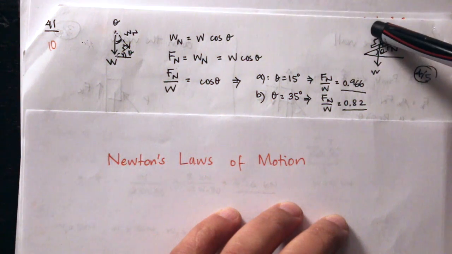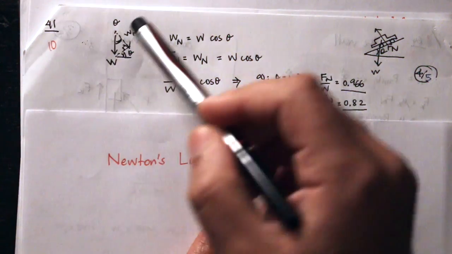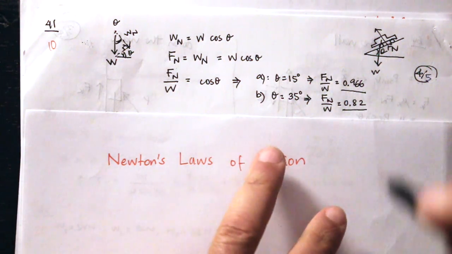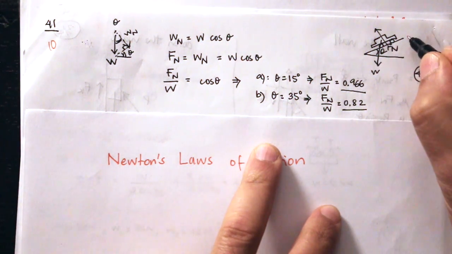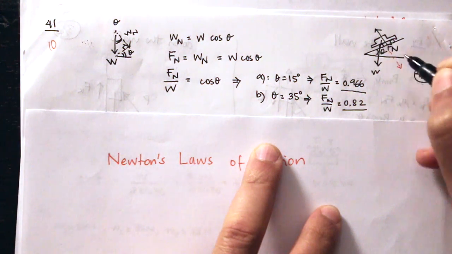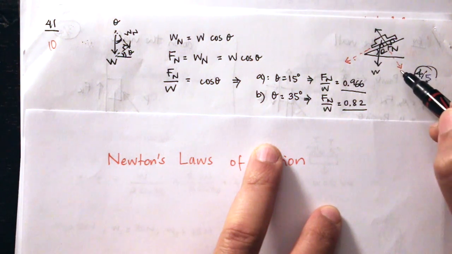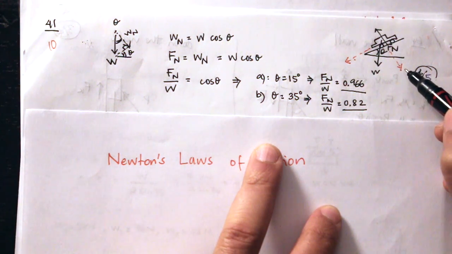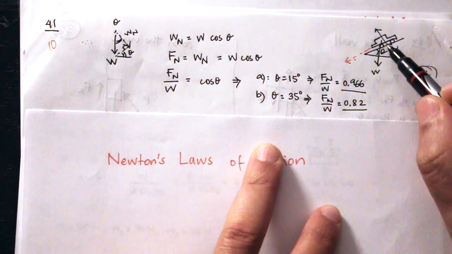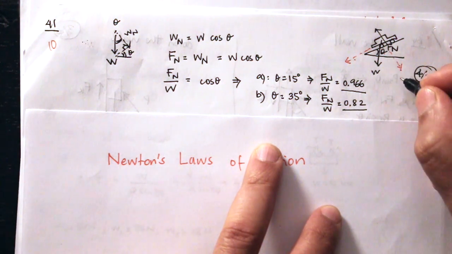So if I draw the free body diagram, the weight is going to be down, the normal force is going to be in the direction perpendicular to the incline. So if I look at the components of the weight parallel to the incline and perpendicular to the incline, I find that the one perpendicular to the incline is going to be W multiplied by cosine the angle.